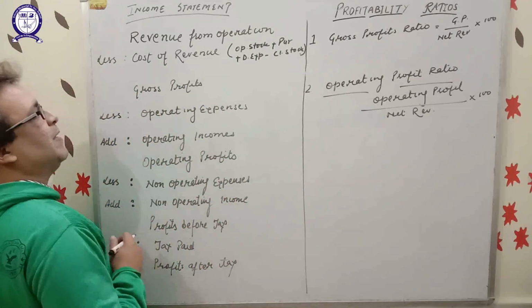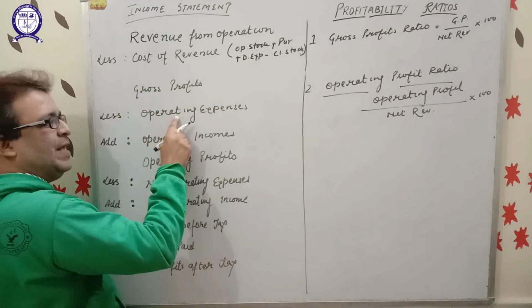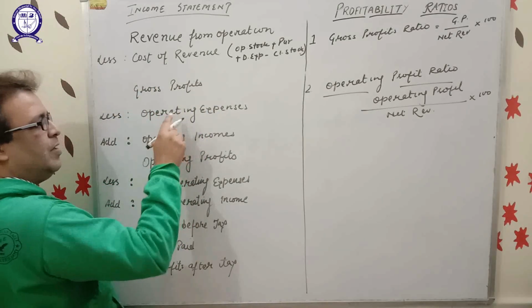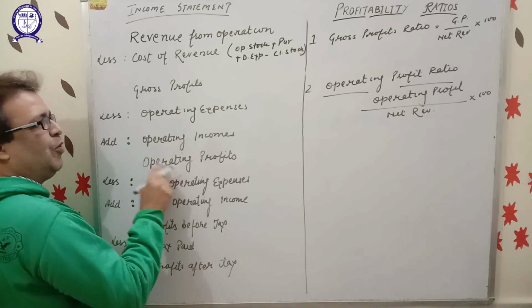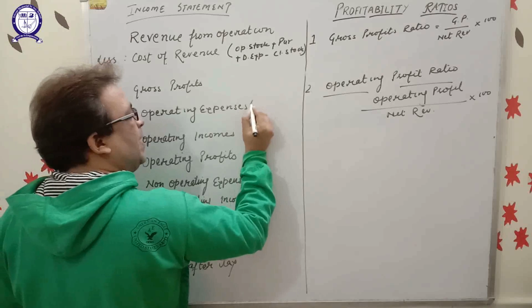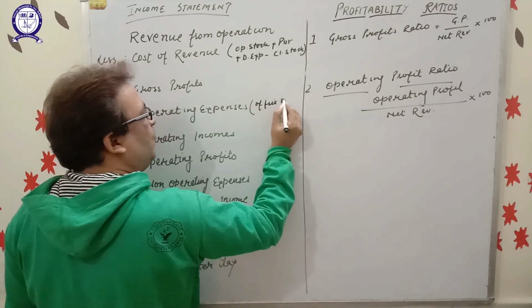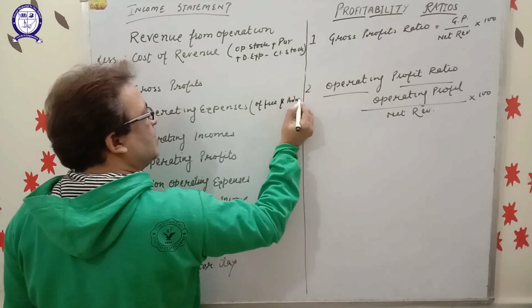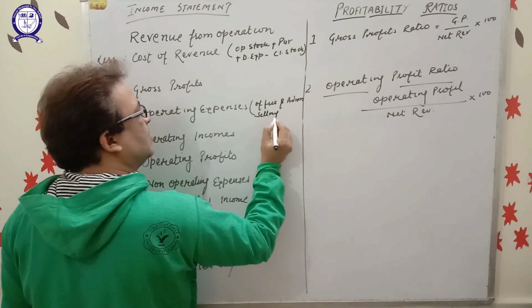How to use the direct method? When gross profit is given, less operating expenses plus operating income is equal to operating profit. There are two main operating expenses: office and administration expenses, and selling and distribution expenses.